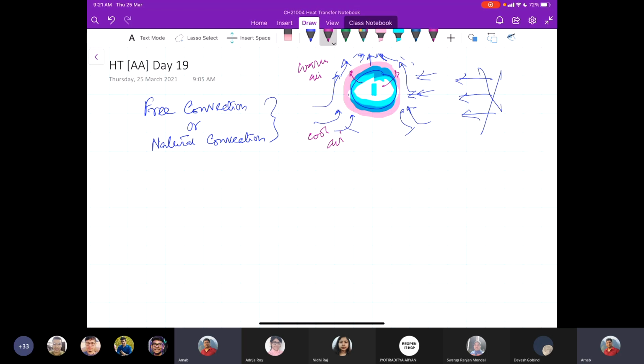Now this motion we really cannot visualize. If the object is small, we cannot really visualize or feel it. But if the object is substantially large, there would be a demarcation. You can feel it in certain cases. You see that nearer to it, it's a bit hotter, and there is a movement of air. You feel that.